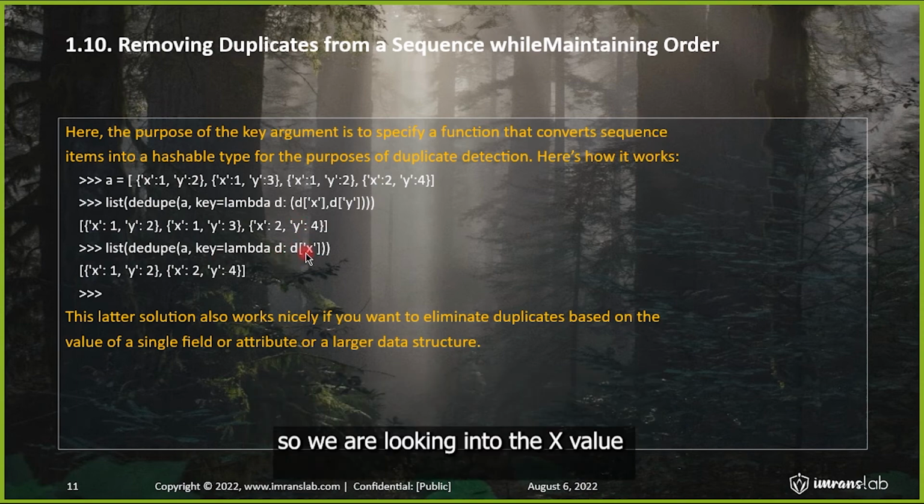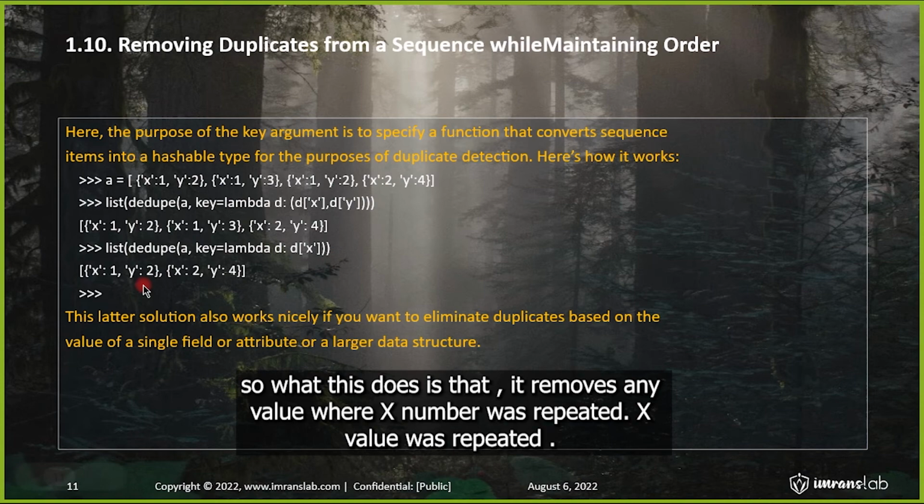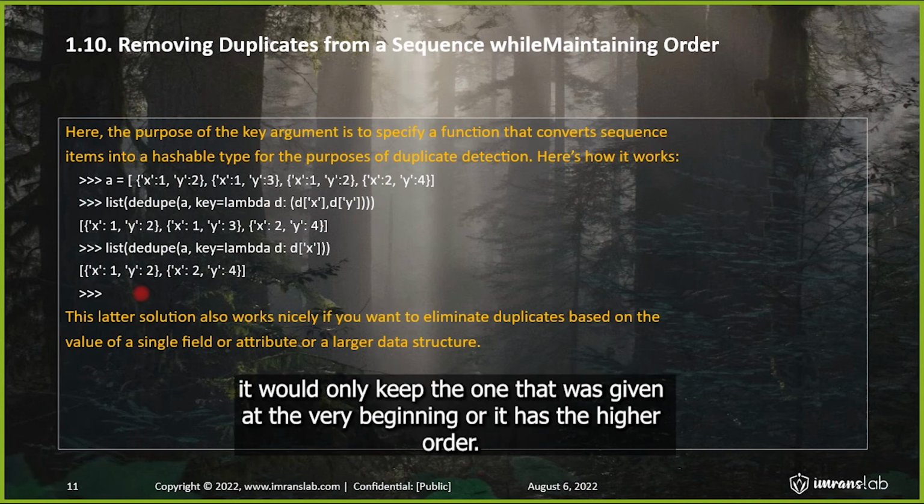So we're looking at the x value. What this does is remove any entry where x's value was repeated, and it only keeps the one that was given at the very beginning, or has the higher order.